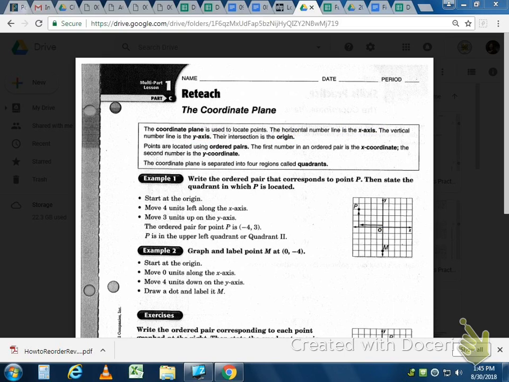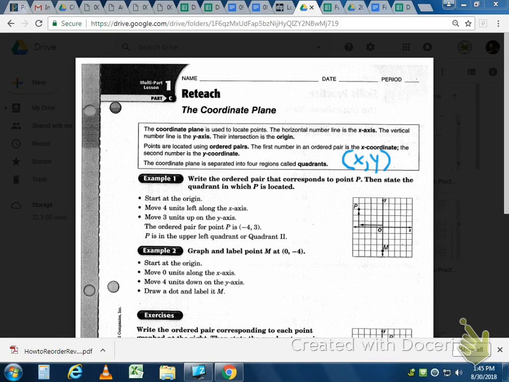there has to be, first of all, a parenthesis. Write this down. A parenthesis, an X value, comma, a Y value, and a parenthesis. If you write an ordered pair without parentheses, it's not an ordered pair.